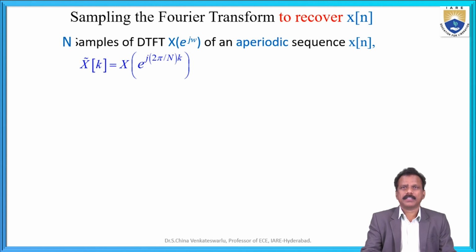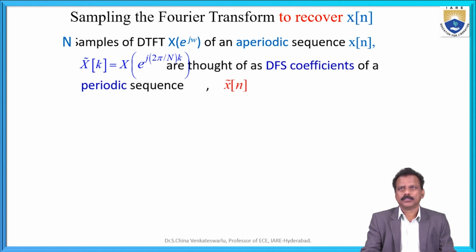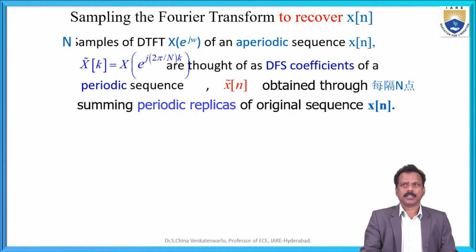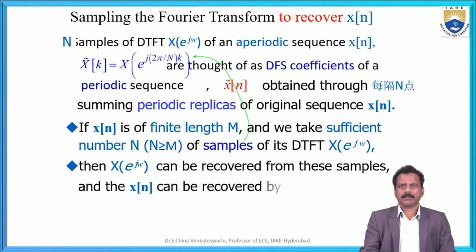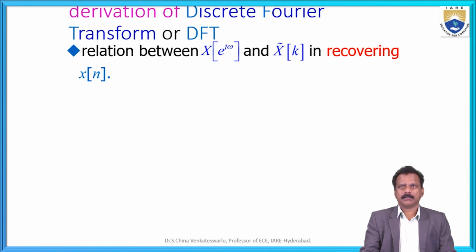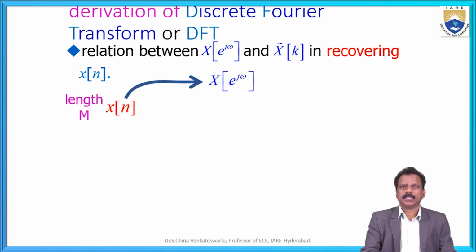If the N samples of the DTFT, the Fourier coefficients of the periodic sequence x of n, are obtained through the discrete Fourier transform, there is somewhat of a derivation of the relationship between x of e power j omega and x of k in recovering x of n, based on the length M of x of n, sampling x of e power j omega.